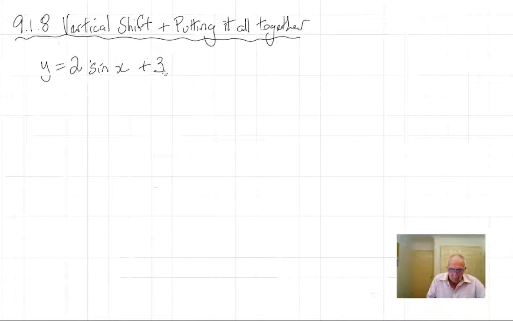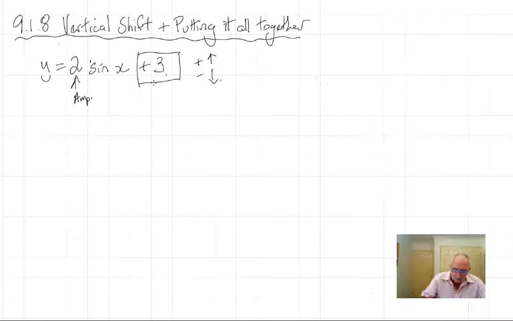This we know is the amplitude, and you can see that there's no period change. This is the way you move the graph vertically. So positive means we go up, negative means we go down. So if you've got a constant at the end there, it just moves the graph up and down.